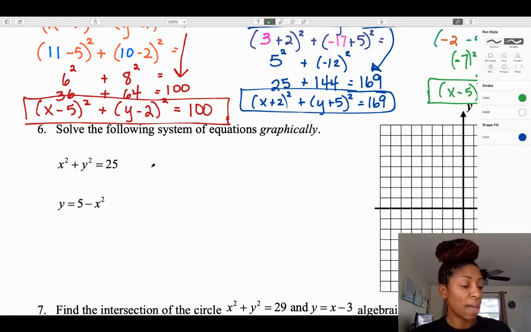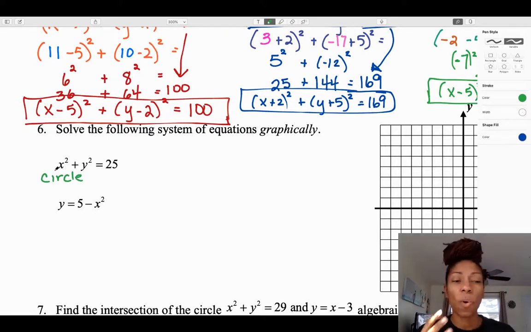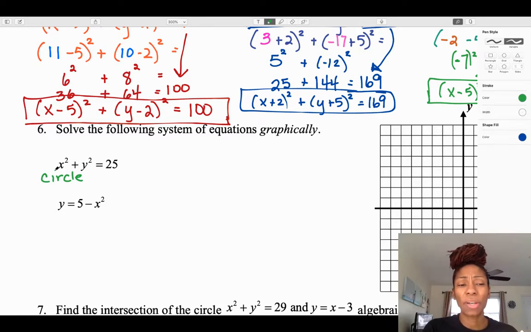So let's see what we have here. I can tell that this equation is the equation of a circle. The format of the equation tells you what type of equation it is. It has an x squared plus a y squared equals a constant. That's an equation of a circle.